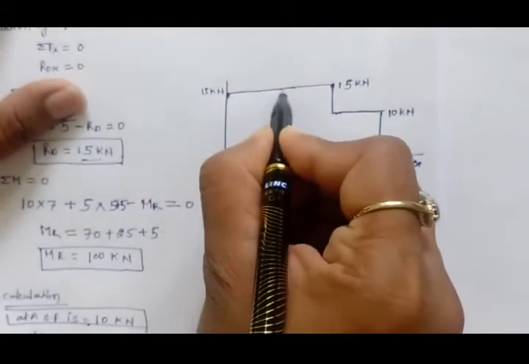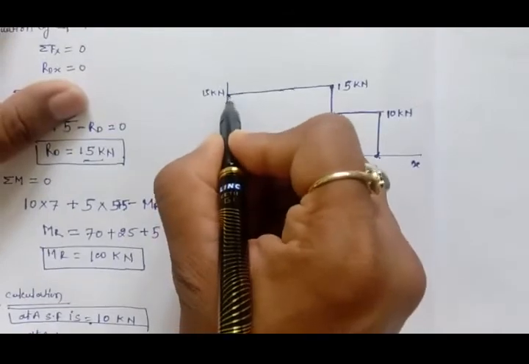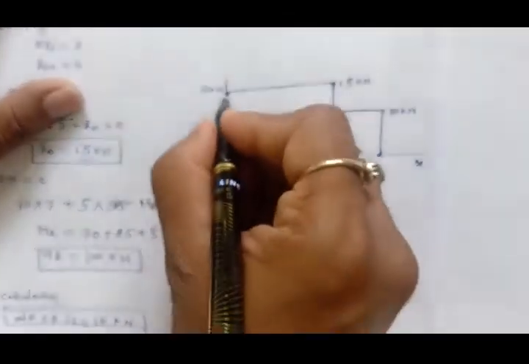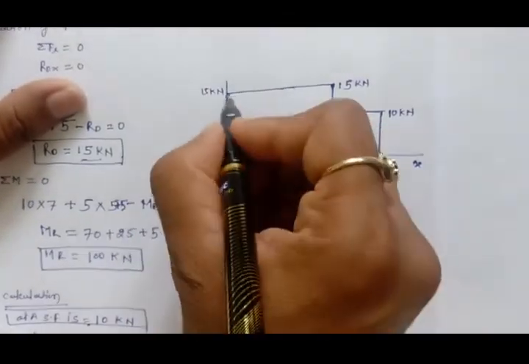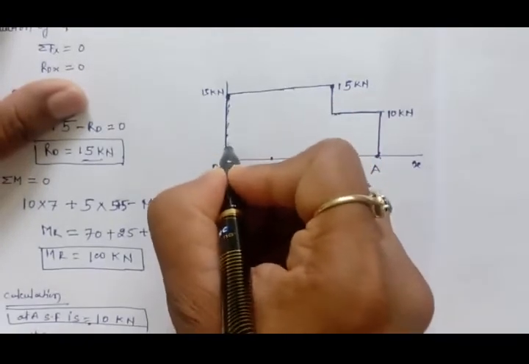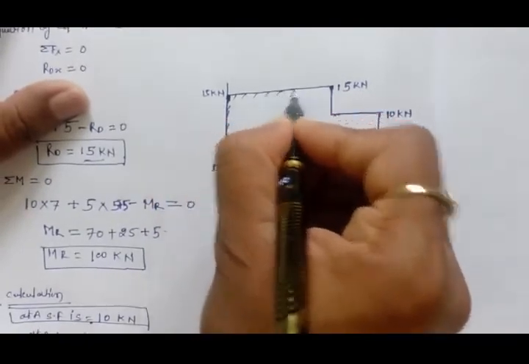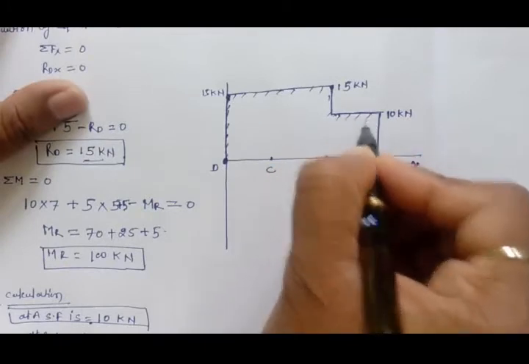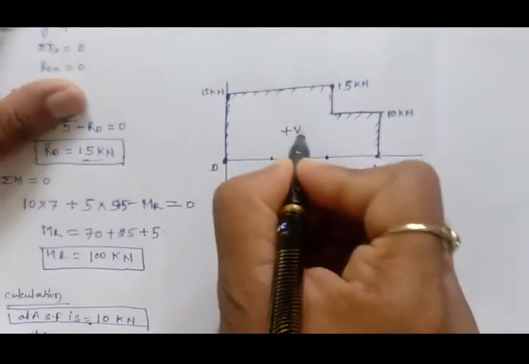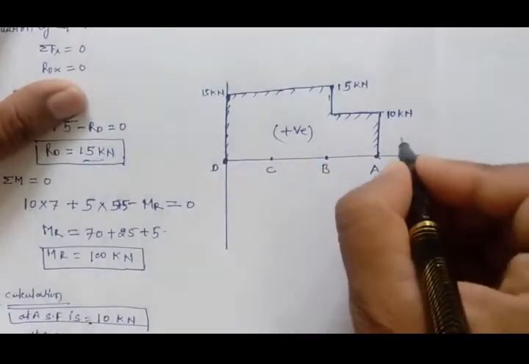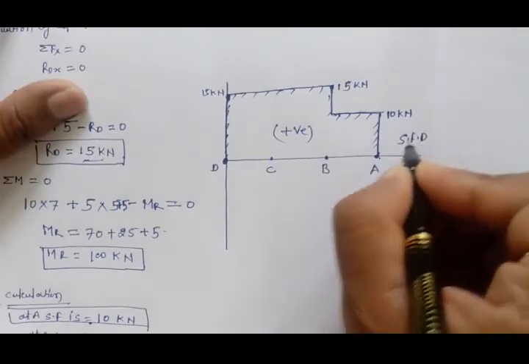So here a constant line will be there, up to just before D it's 15 kilonewton, and at D again it comes back to 0. So this is the shear force diagram for this particular problem, the positive shear force diagram.